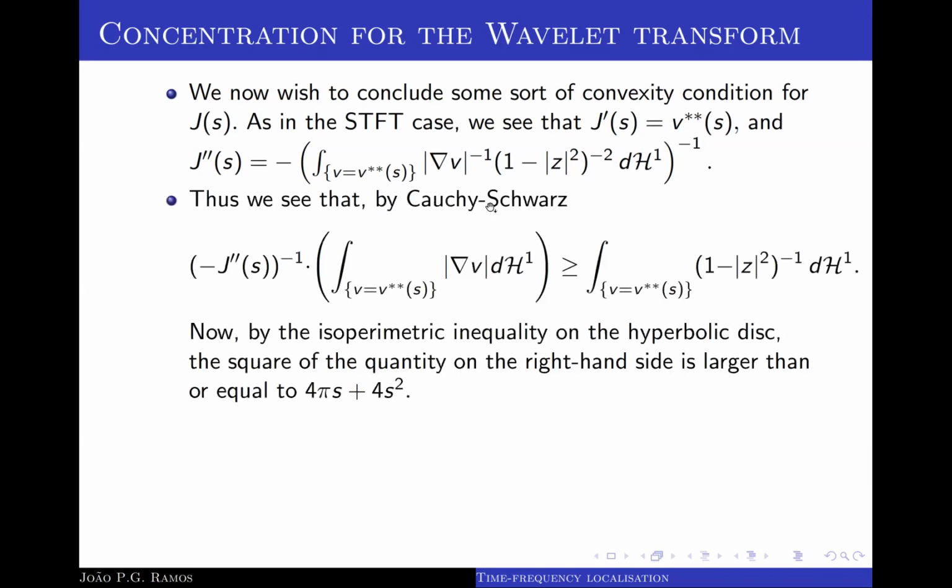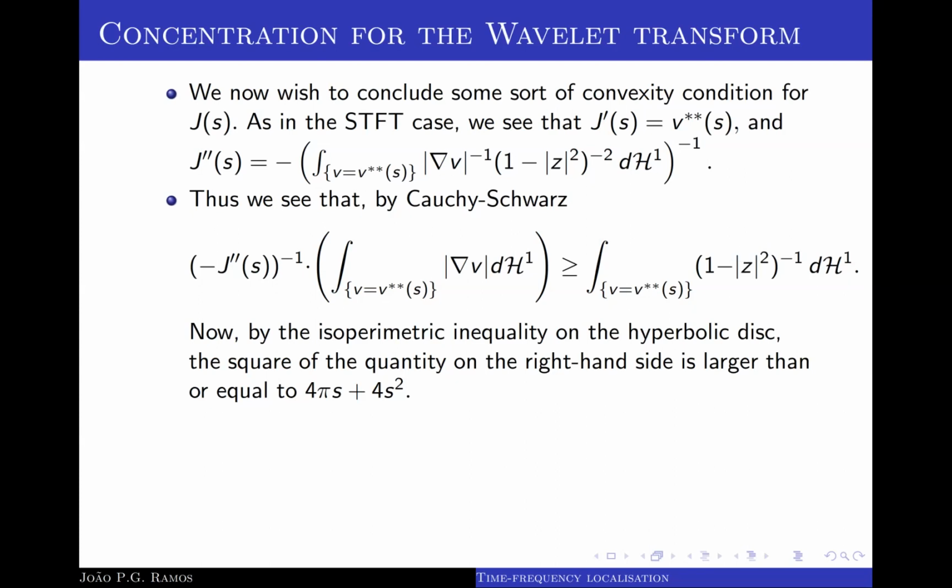So if you use Cauchy-Schwarz, if you take this integral to the minus 1, multiply by this other integral on screen, you get this integral of v over the curve where v equals v star star of s, (1 minus modulus z squared) to the minus 1.